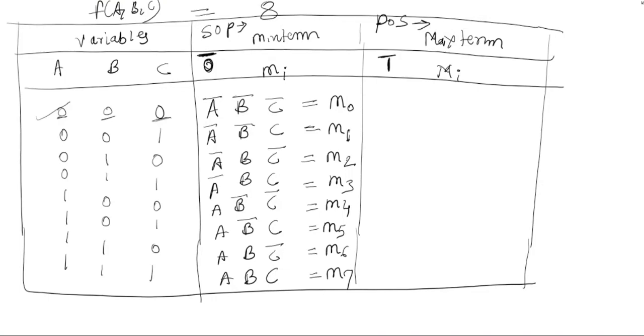Now similarly to the minterms, now the maxterms. How to represent the maxterms for these input variables? As I said, in POS, to represent the maxterms, the variable A with the value 1 is considered as a bar value. Bar value means the complement value. So here 0 means it is an uncomplemented value. So A plus B plus C is equal to M0. Now the next one, A plus B plus C bar is equal to M1.